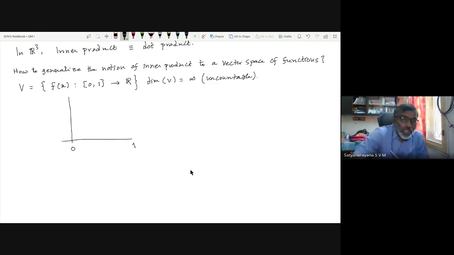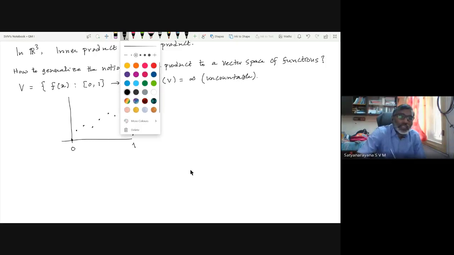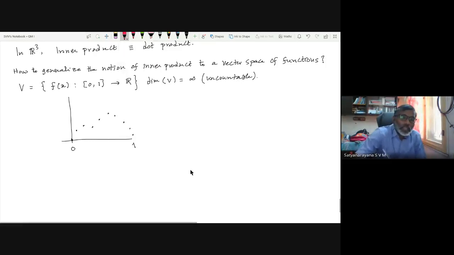That means I know the value of f only at some discrete points. So let's say I know the value of f at this point, this point, this point, this point, this point. So I have the values at these discrete points. This is one function for me. I can also say that I know all other functions only at these points. So let's say this is another function.